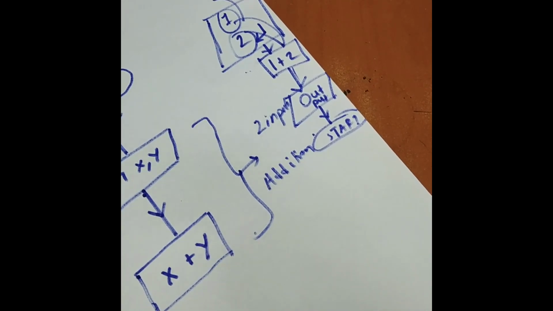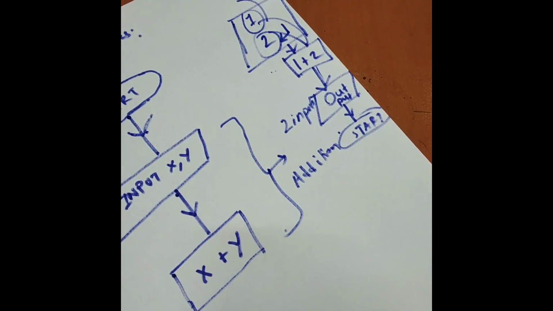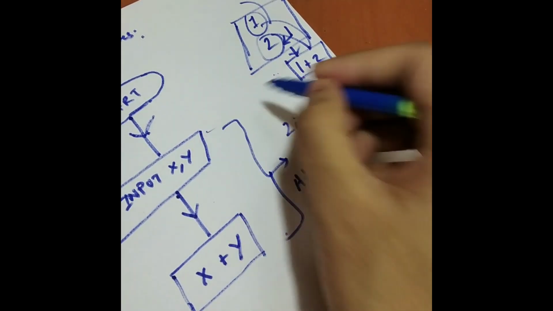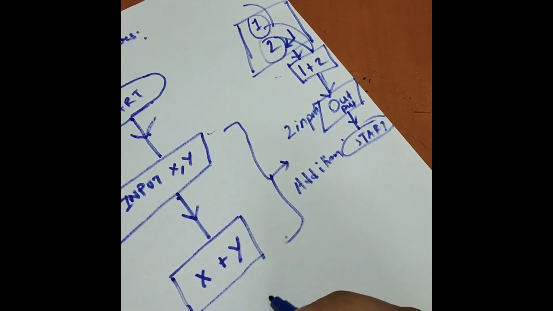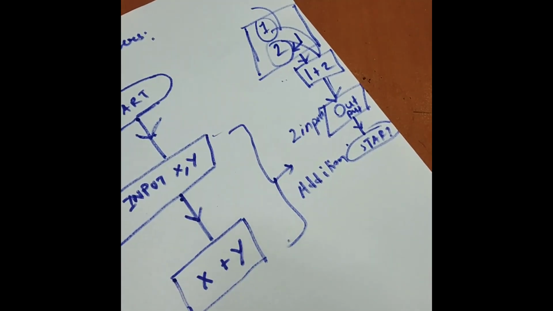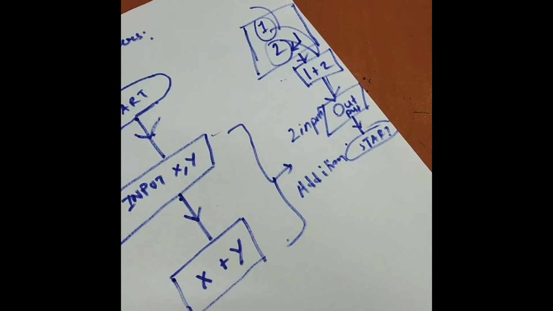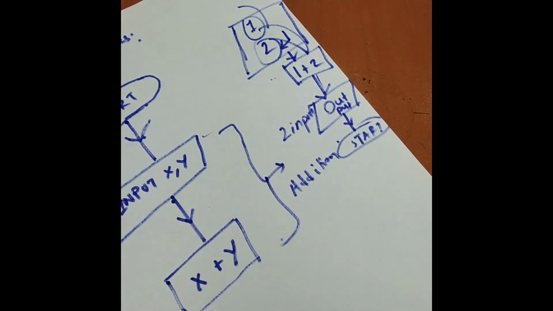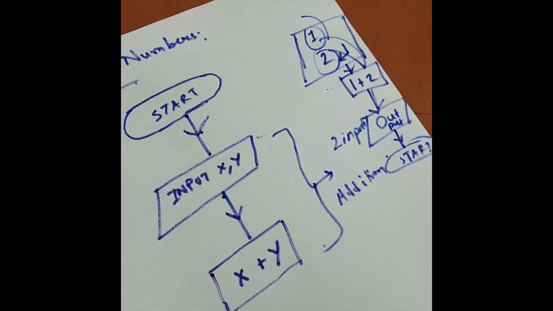So now if I analyze this flowchart, input is done, right? And the processed output is also prepared. Now the thing that is left is to serve us the output.